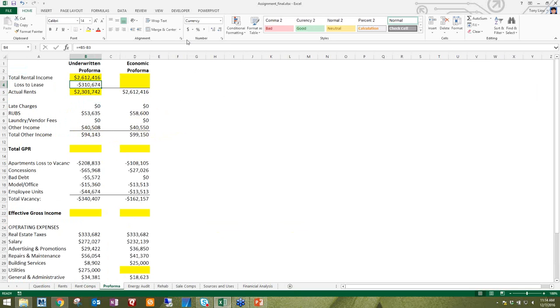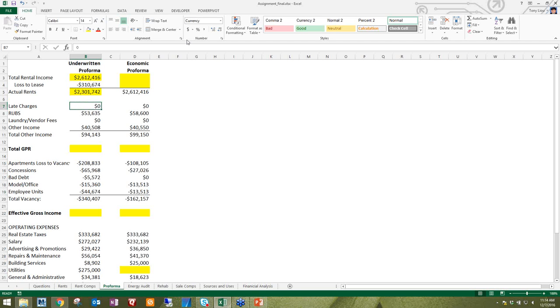So we have a loss to lease of $300,000. Total rental income is the total hypothetical rent that we can get today based upon a market. The actual rent is what's in place, which is $2.3 million, and the loss to lease is the difference between the two. So that means based upon where we're at today, we're losing $310,000 of value.